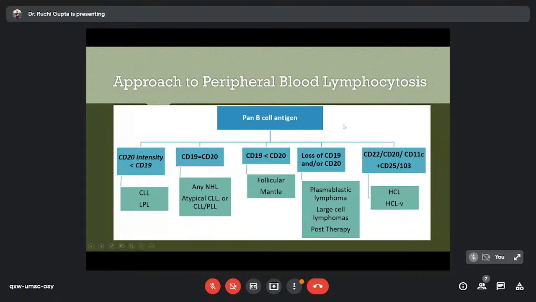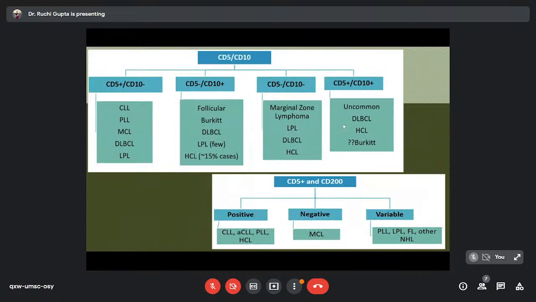So once you have shown that it is a proliferating B cell, next we narrow it down to CD5 positive, CD10 negative, the standard approach we have for BCLPDs. CLL will naturally fall in that category of CD5 positive and CD10 negative. With similar morphology, we can also have differentials like follicular lymphoma and marginal zone lymphomas.